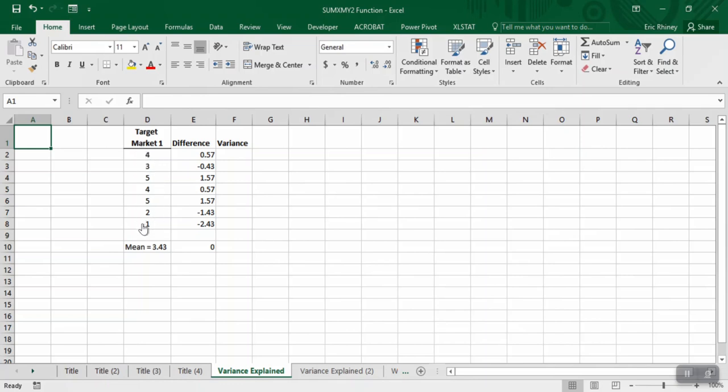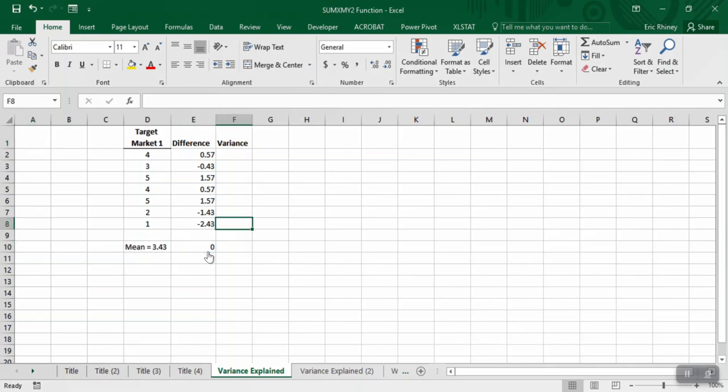If we wanted to get a measure of the variance of this data, and we simply try to calculate the difference by taking this minus the mean, taking this minus the mean, you see what we get. We have 4 minus 3.43, which is 0.57, and so on. Some values are below the mean, some are above the mean, so we have positive and negative numbers. When you sum these to get an overall measure of the variance, it turns out to be 0.